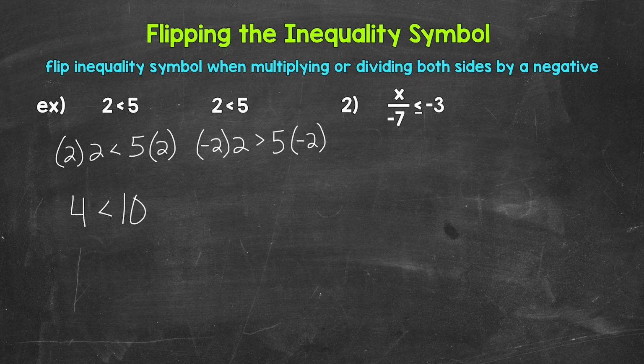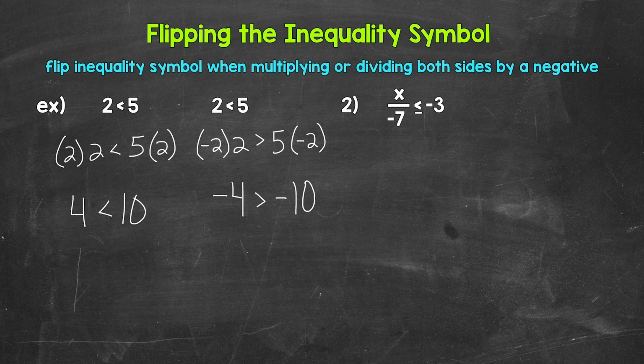As soon as both sides are multiplied or divided by a negative, that inequality symbol flips in order for the inequality to remain true. Because on the left, we are multiplying 2 by negative 2. That gives us negative 4. And negative 4 is greater than, and then on the right, we are multiplying 5 by negative 2. That gives us negative 10. Negative 4 is greater than negative 10.